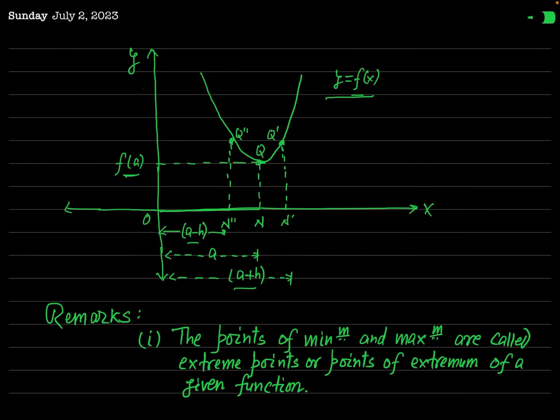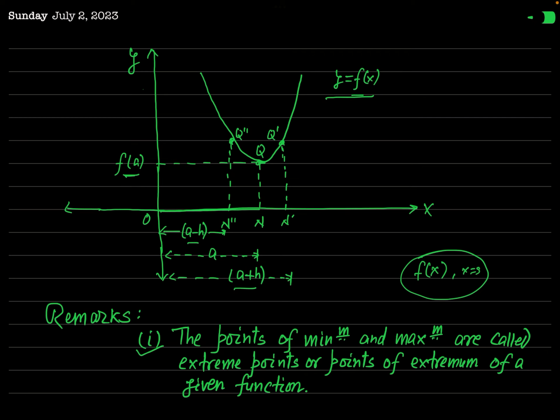Now, another remarkable fact you can see here: when you say that a function f of x is maximum at x equal to a, or minimum at x equal to a, the points of maxima and minima are collectively called points of extremum. When you say extremum, that means either maximum or minimum.